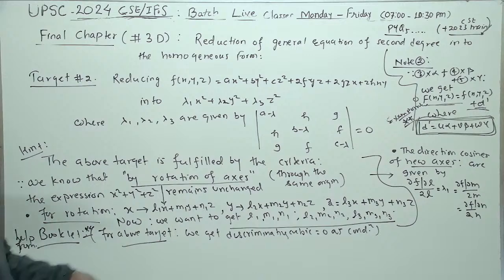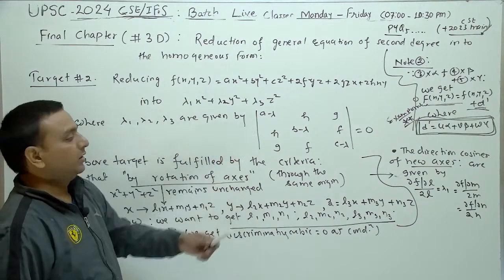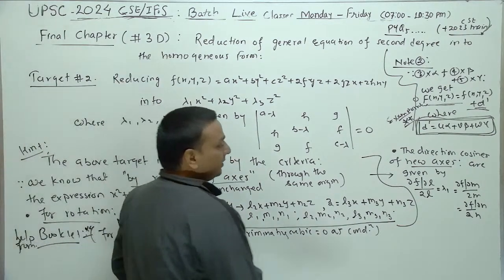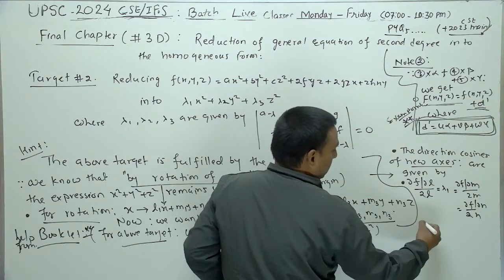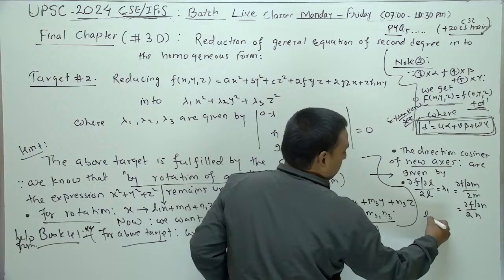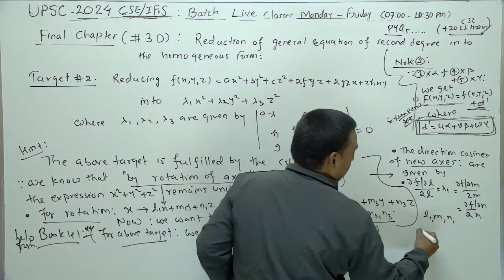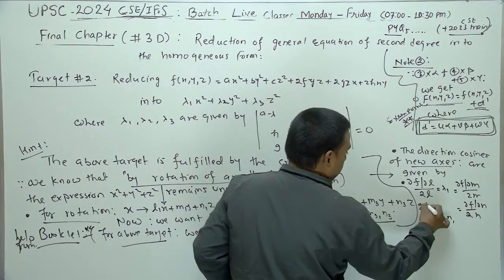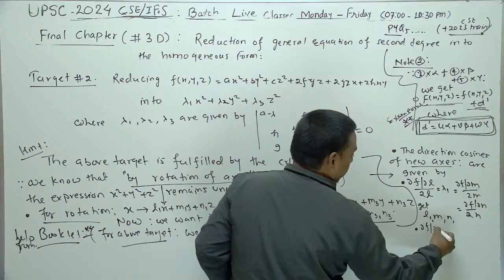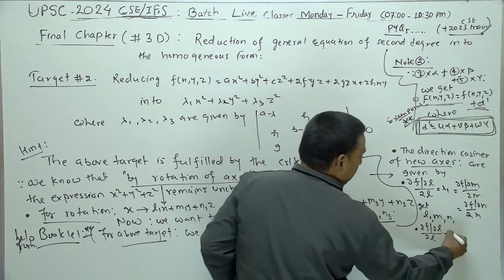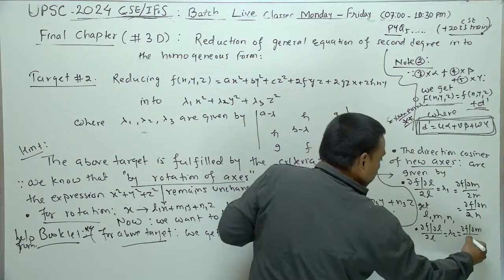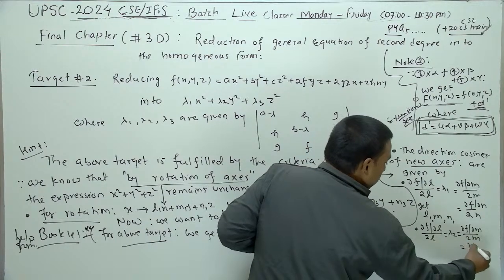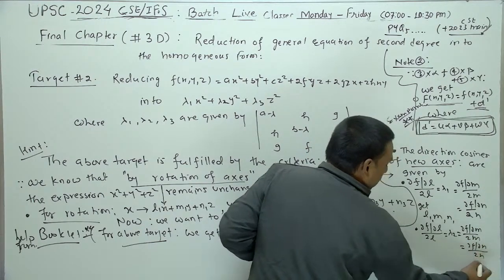Where will we get lambda 1 from? By the discriminating cubic. So from here you will get L1 M1 N1, right? So what you will get? L1 M1 N1. The other del f over del l upon 2l equals lambda 2, del f over del m upon 2m equals del f over del n upon 2n.